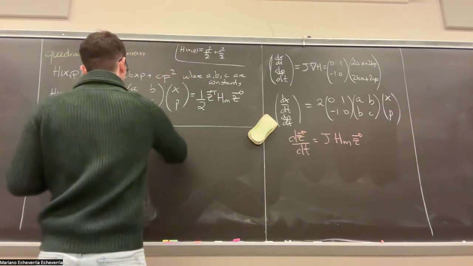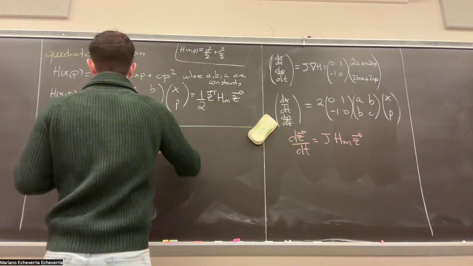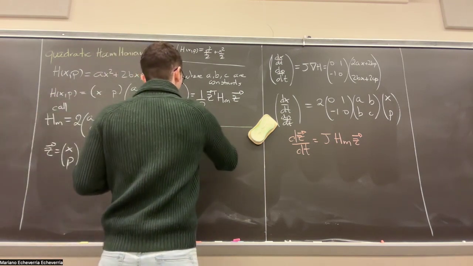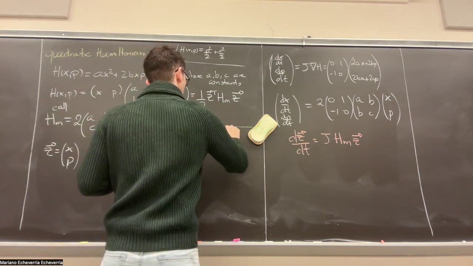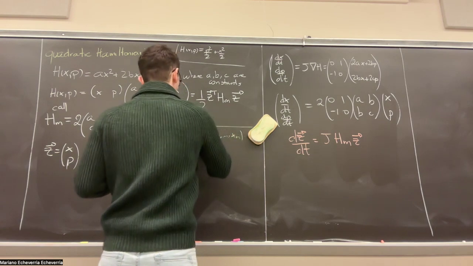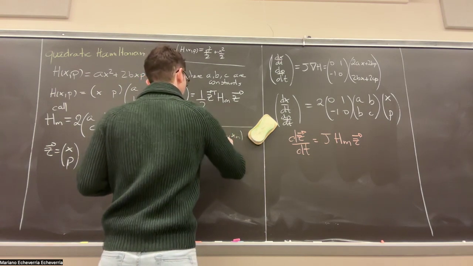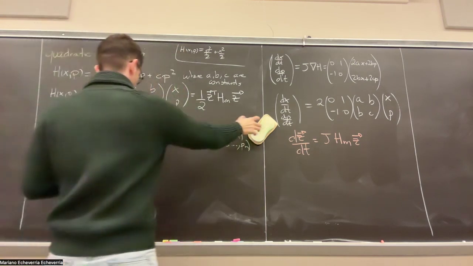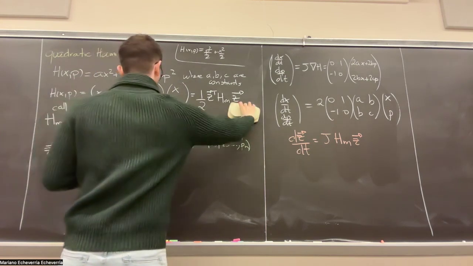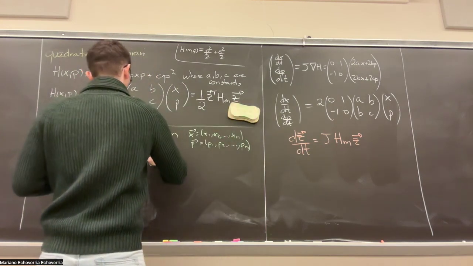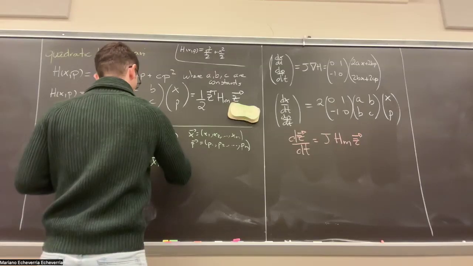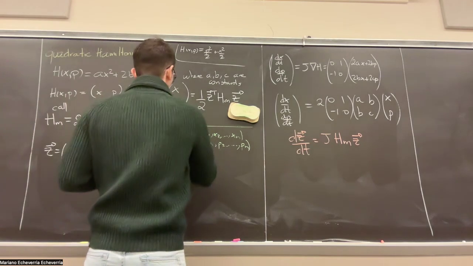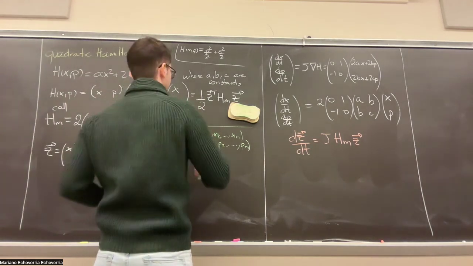When it's 2n by 2n, well now you think of x as being x1, x2 up to xn, and p as being p1, p2 up to pn, right? And then if you want to generalize this, the generalization of this quadratic case would be like there's an obvious analog of this vector z.